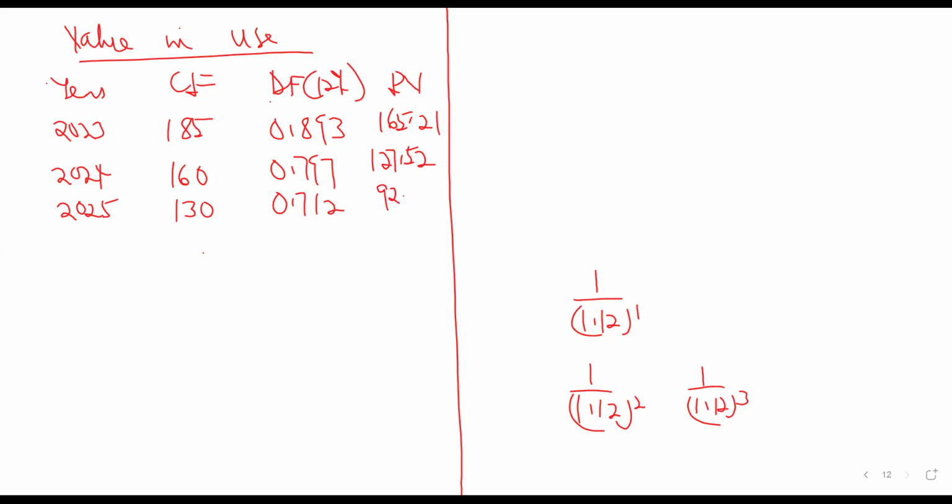What will be the total value? 385.29. So this is the value in use. The present value of the future cash flow is the value in use.